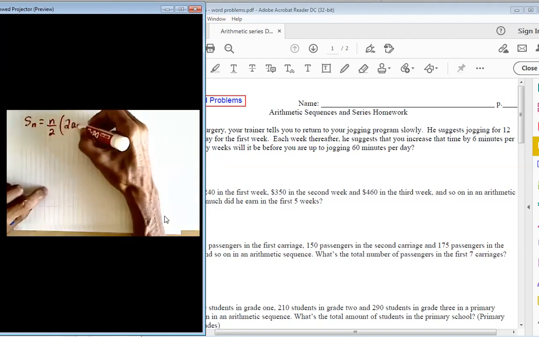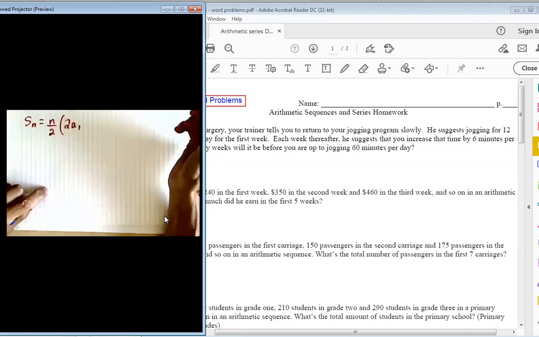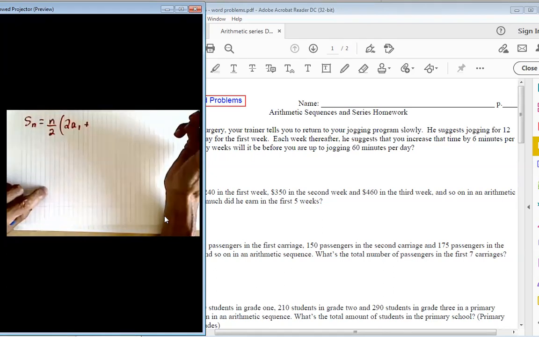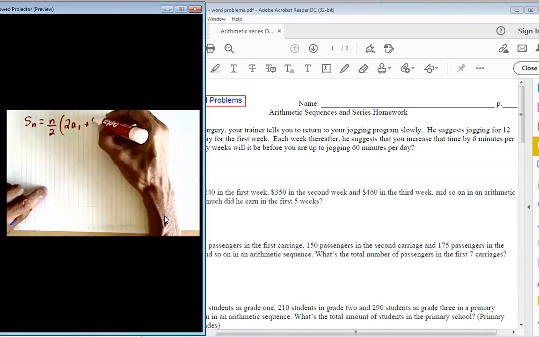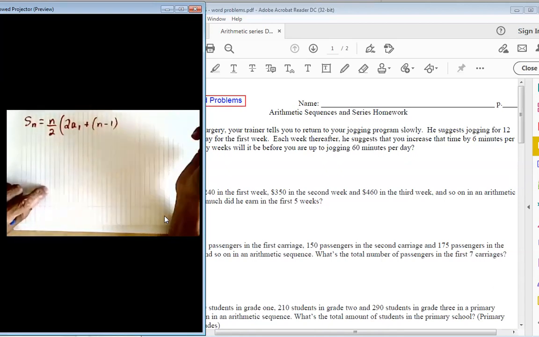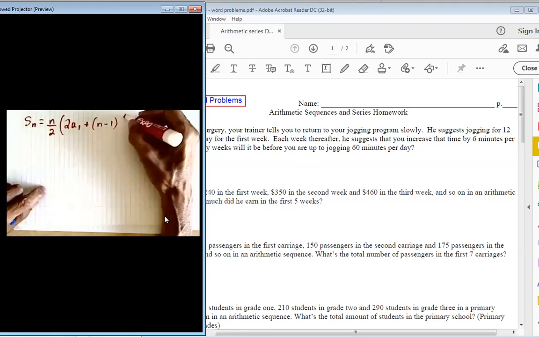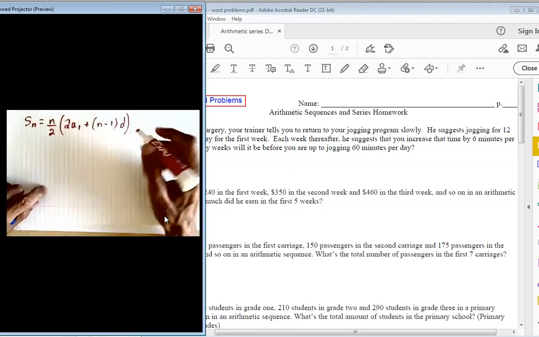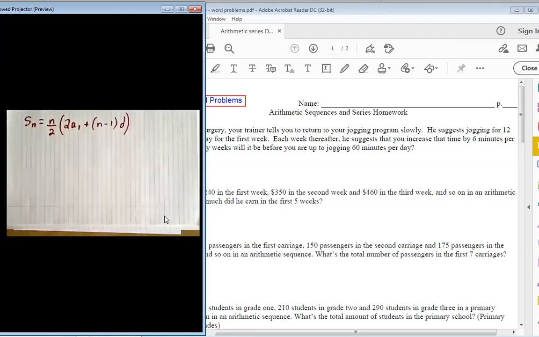And then 2 bracket A1 plus brackets N minus 1. Yeah, D. Close brackets. Yeah, good.